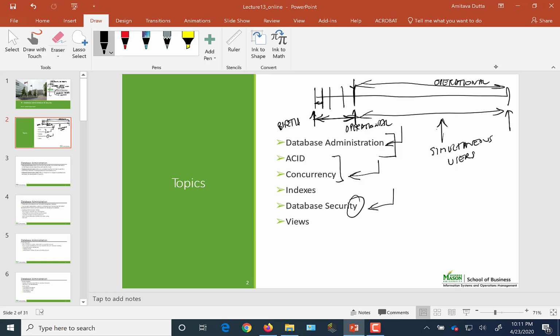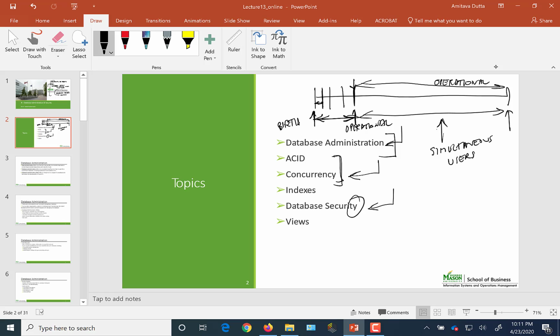It's the question of the system having incorrect results because of people working on the database simultaneously. So when we talk about these two topics, ACID and concurrency, that's the issue that we're dealing with. What kind of techniques are available to us to make sure that when hundreds of users are simultaneously using the database, you don't end up with erroneous and inconsistent information in the database.